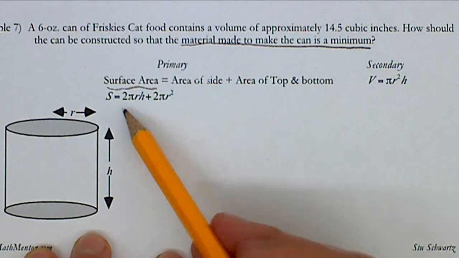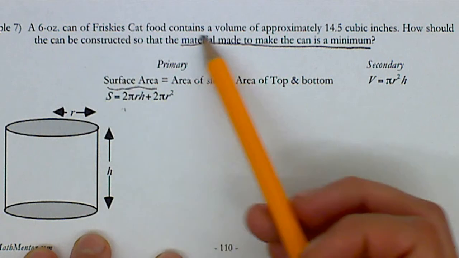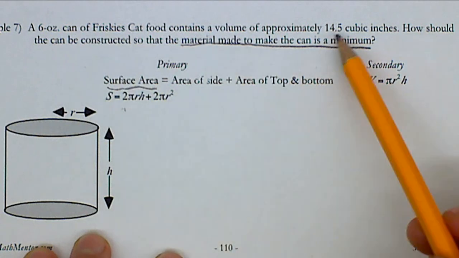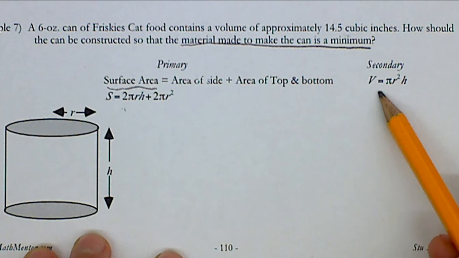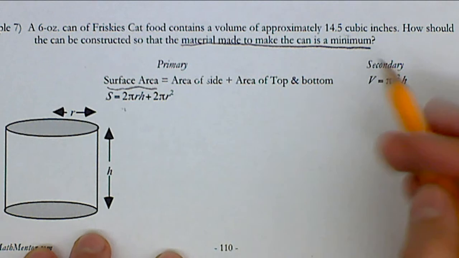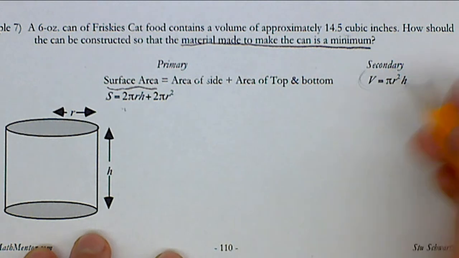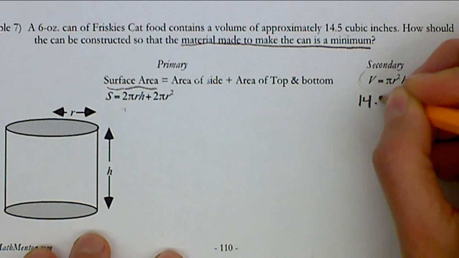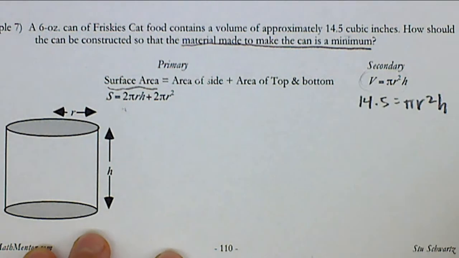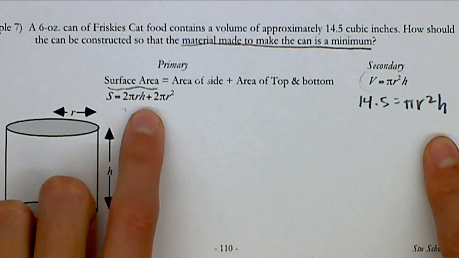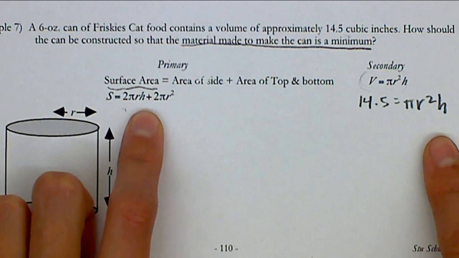And it tells us that it contains a volume of approximately 14.5 cubic inches. So this is what helps us out with our secondary equation. Because now we know that the volume, which is this equation, is 14.5 will equal pi r squared times h. And we can use this to only write our surface area equation in terms of r.